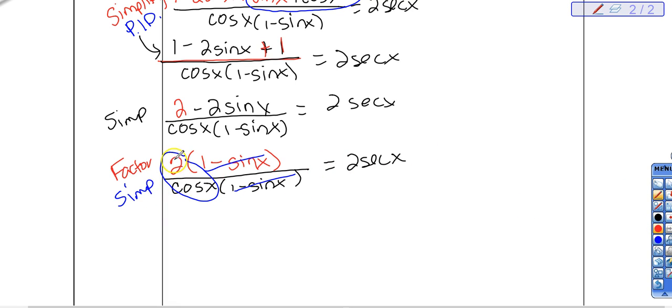And then I can replace 2 over cosine x with 2 secant x because they're reciprocals of each other. In that step, I applied my reciprocal identity.